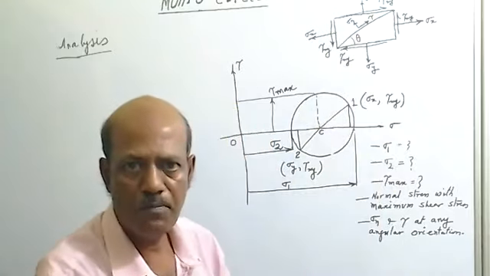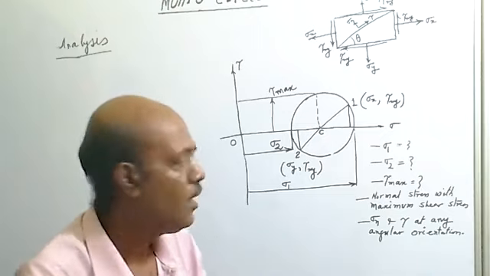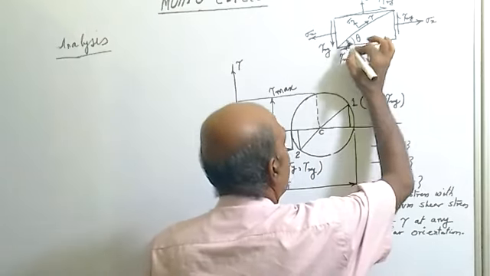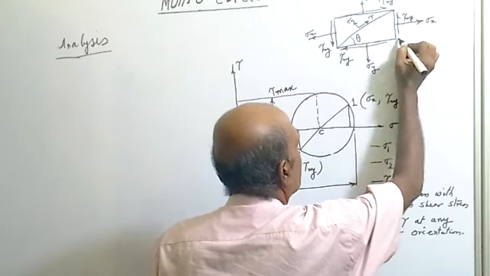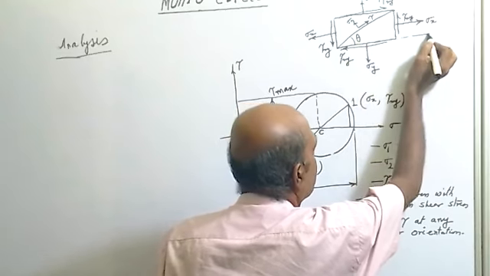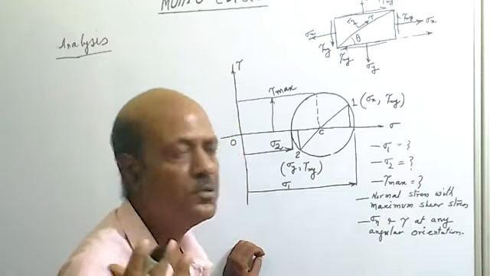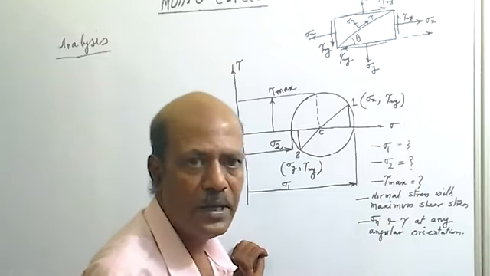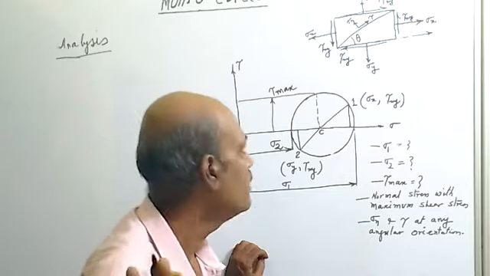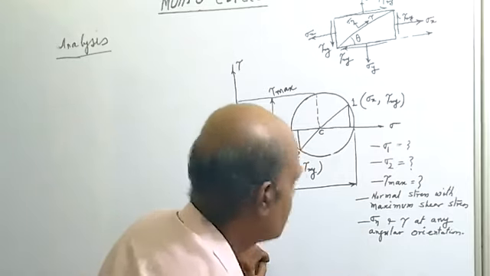This is the most complex stress system, and the inclined plane makes an angle theta with positive x direction. Okay. Now on this, what should be the condition of sigma n and tau? So we have seen all these things.